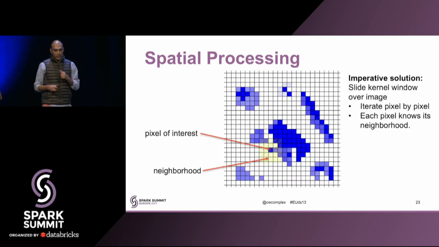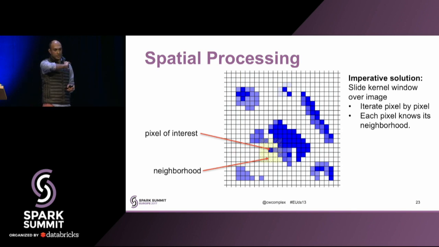So the way you would do this in the imperative way is standard. There are implementations for this in C++ through OpenCV and ITK, if people know that library. But basically, the idea is really well known.